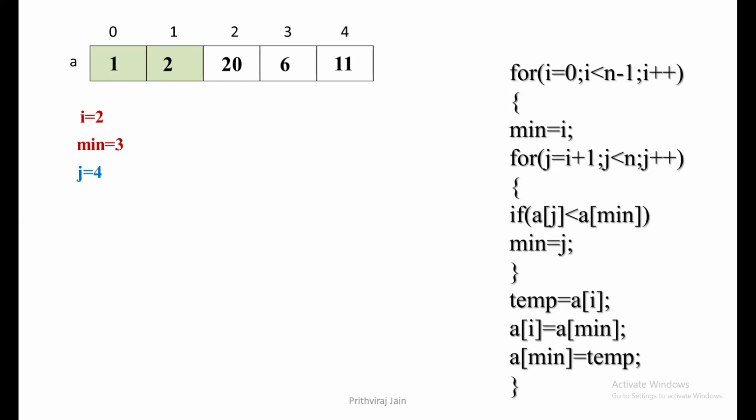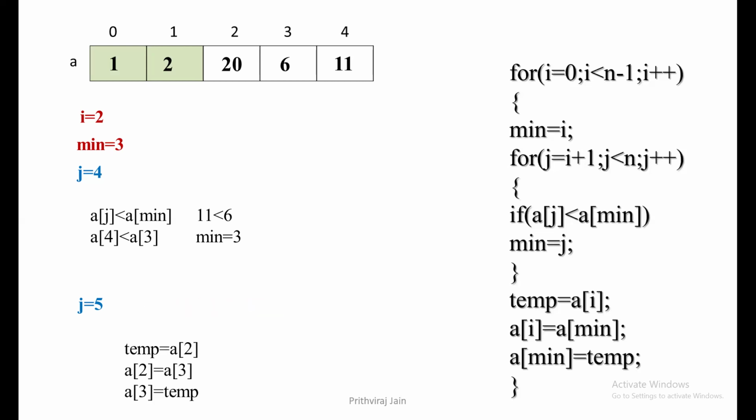Then j is equal to 4. a of 4 is compared with a of 3 now, and 11 is less than 6. Again, this condition is false. So min value is equal to 3 only. So that remains 3 only. Next, after incrementing j, j is equal to 5. The inner loop will terminate.